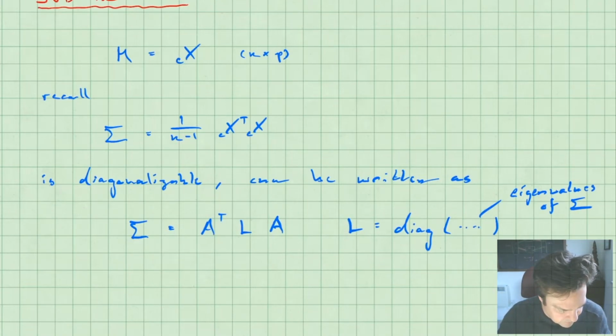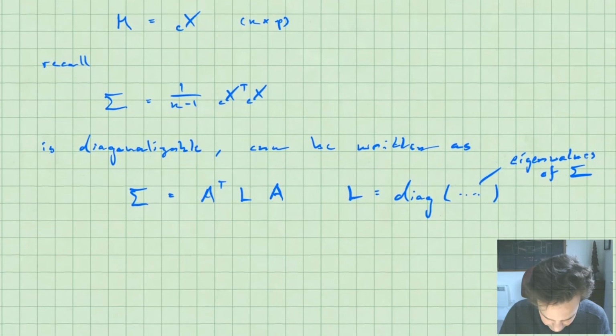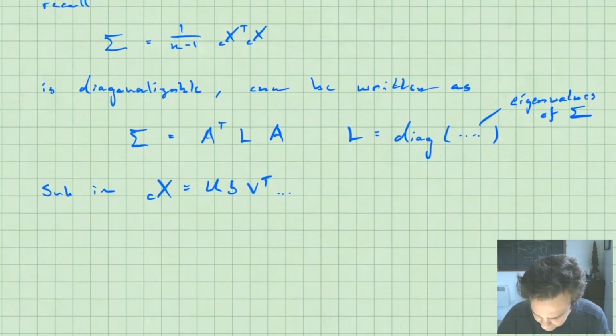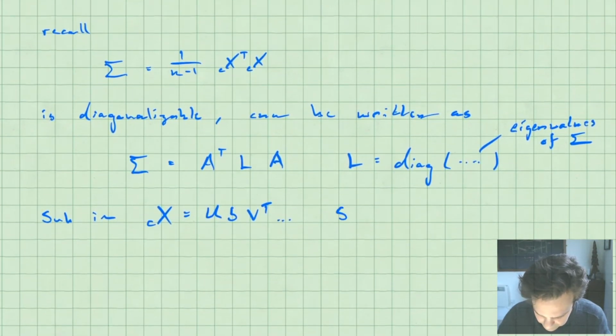All right, so now substitute in the singular value decomposition version of x. Let's do the substitution, where S is equal to the diagonal of, how do these look?